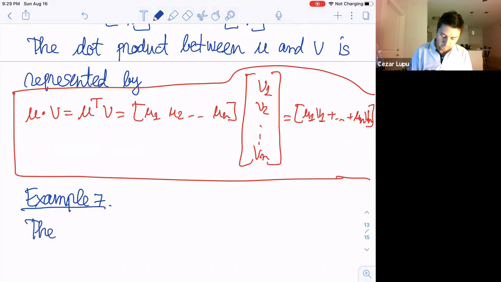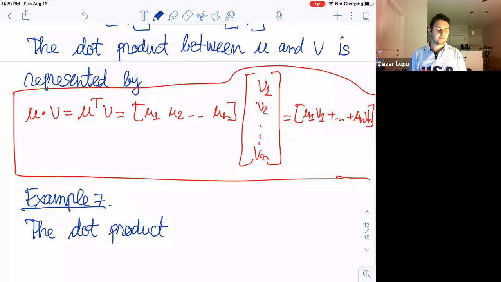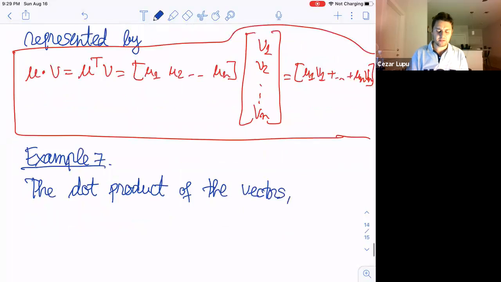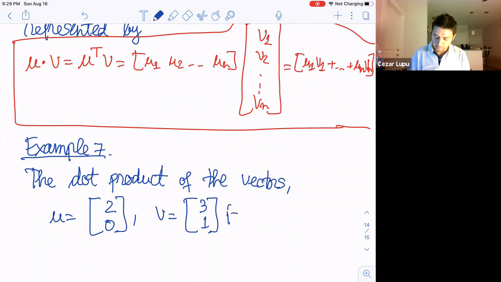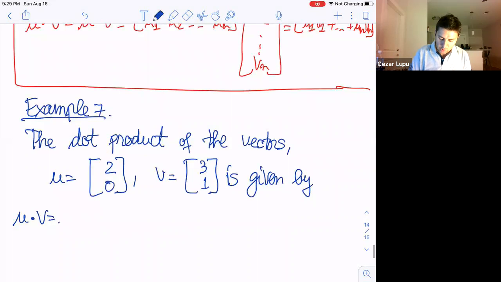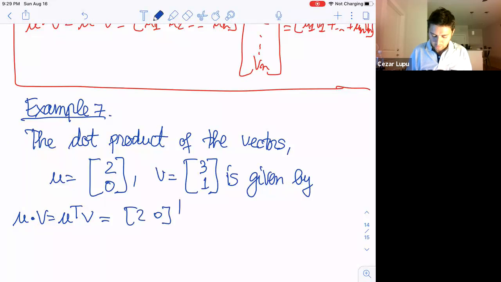The dot product of the vectors, let's pick some 2 by 1 column vectors, u is 2, 0 and v is 3, 1, is given by u dot v equals u transpose v. We transpose the first one and multiply by the second, so this is the row 2, 0 times the column 3, 1.